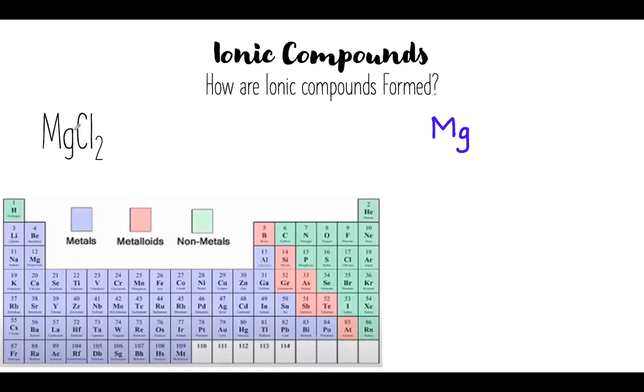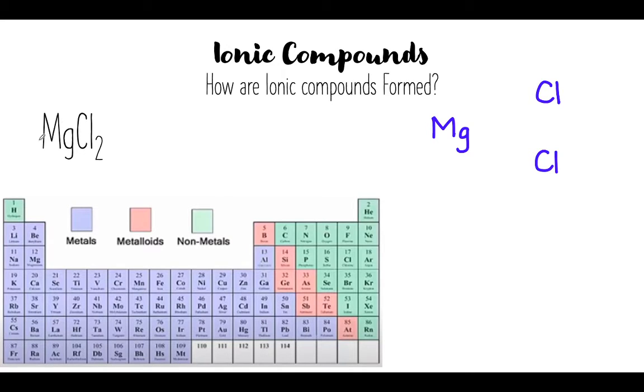Next element is Cl. And Cl is chlorine. And this number tells me that there's 2 of them. So I'm going to draw 2 chlorines here. And if you remember from our Lewis diagrams, you know that we're not done drawing our Lewis diagrams yet. We have to include our valence electrons.